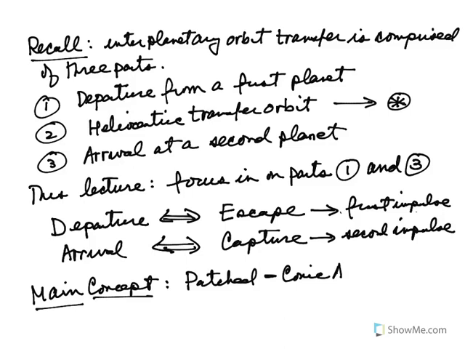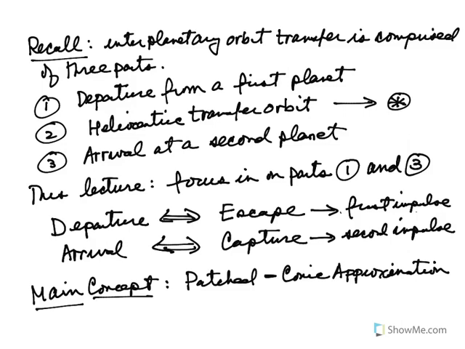Now you can see that essentially what's happening is when we escape the first body, we're going to go from what would be a circular or maybe an elliptic orbit about that first planet to an escape.